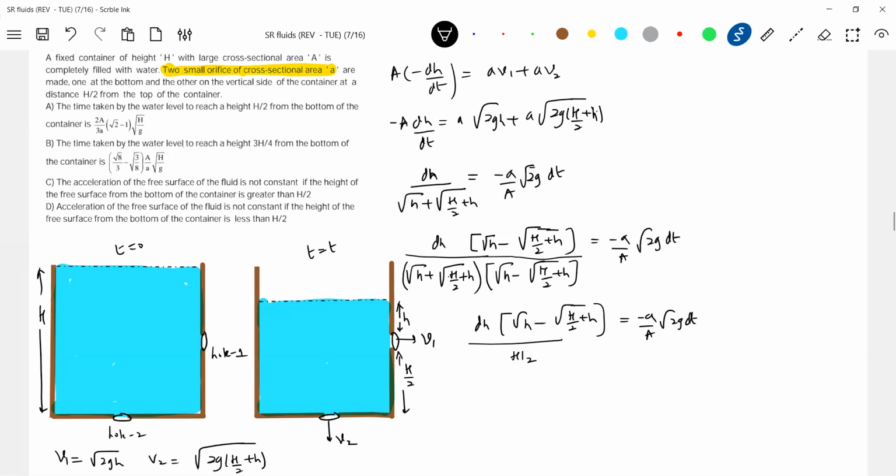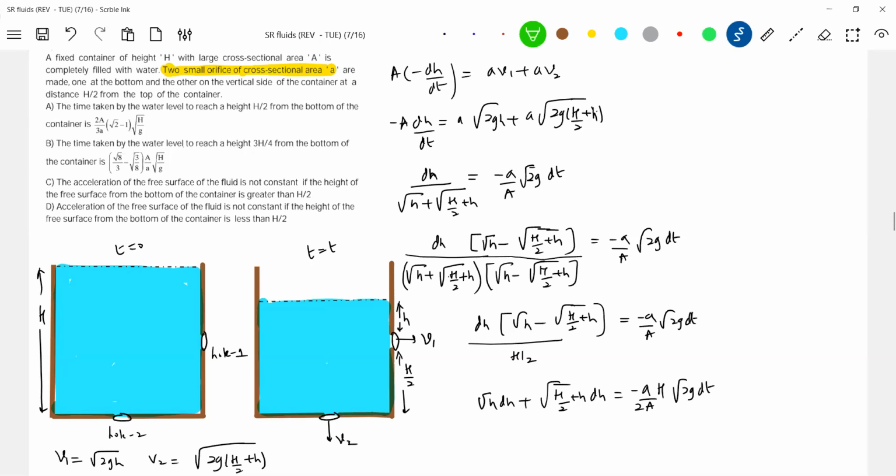What should be the limit? Root H dH, root of... minus A. This will be capital H over 2A.